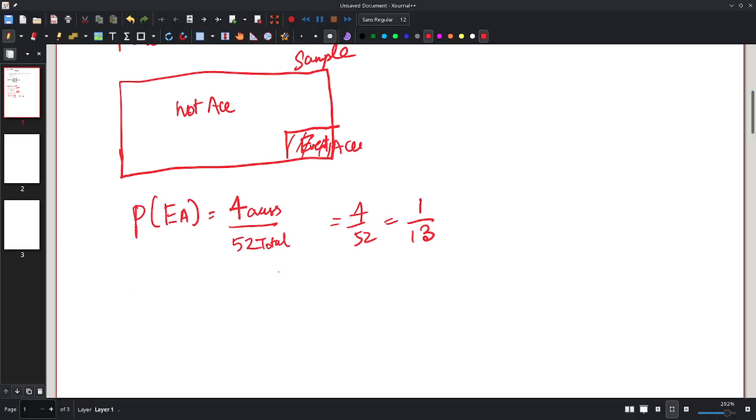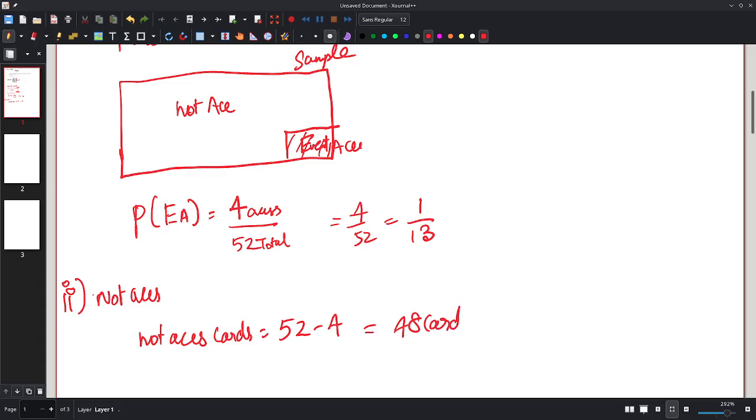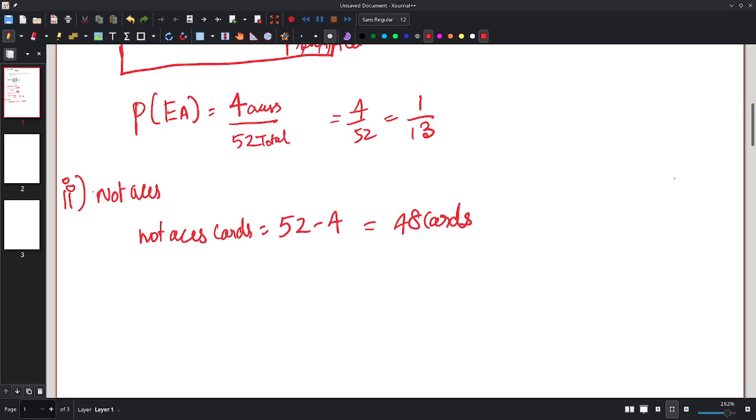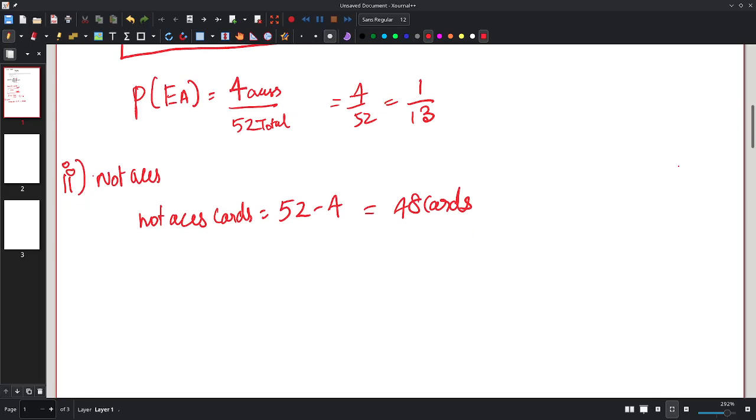So what is not an ace? In the second question they ask about not an ace, which means the cards which are not aces. The not ace cards will be 52 minus 4, so it will be 48 cards which are not an ace, maybe a king, queen, 10, 9, 8, or anything else.